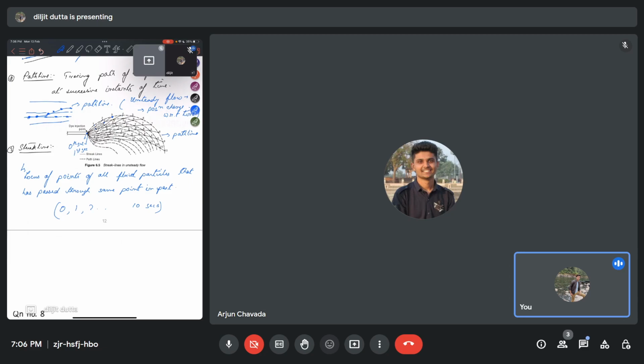So at the third second all these three particles have come out from the same point, the dye injection point. At that particular second, this is the locus of the particles, this is the streak line at t equal to 3 seconds. Similarly, we can get the locus for t equal to 4, 5, 6, 7, whatever time instant we want. So this is how streak lines and path lines are obtained.